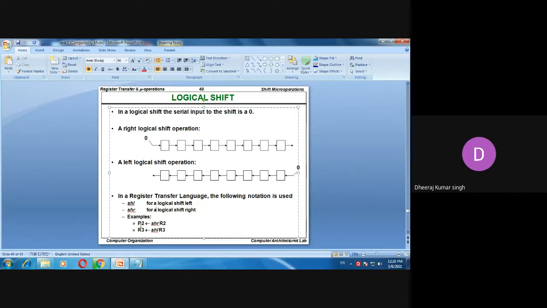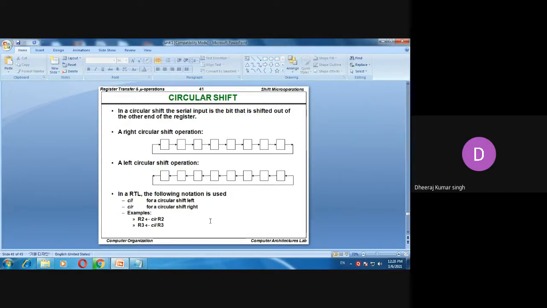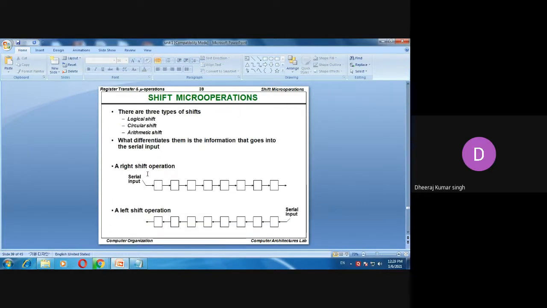For example, R2 ← SHR R1 is a right shift of R2, and R3 ← SHL R3 is a left shift of R3. The right shift operation is represented by SHR, and the left shift operation is represented by SHL.